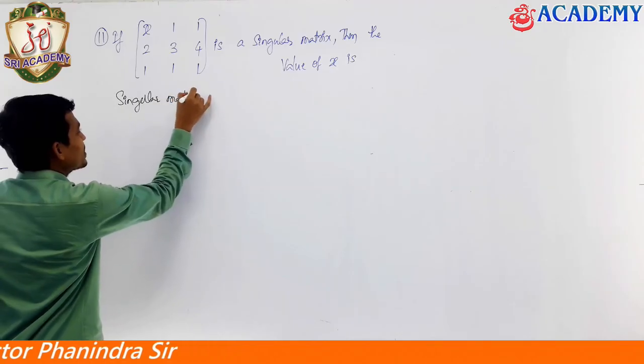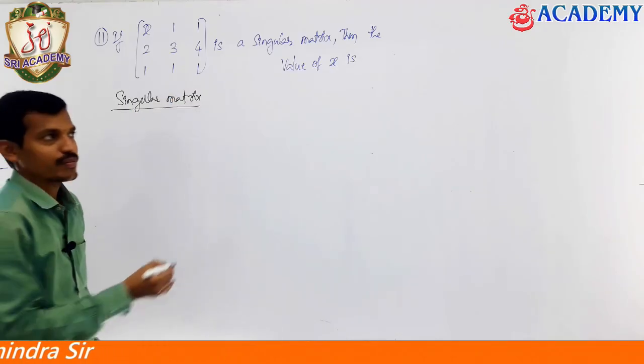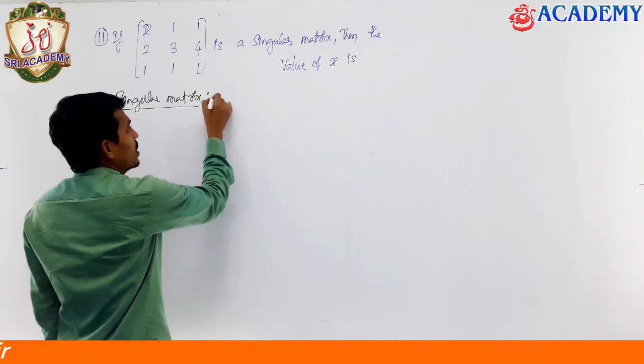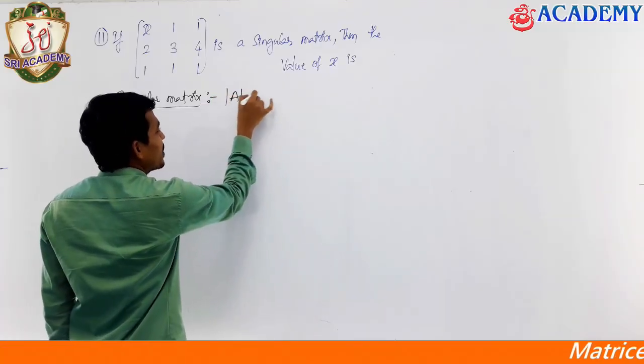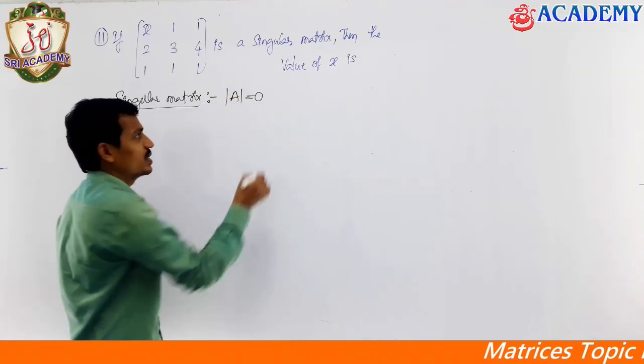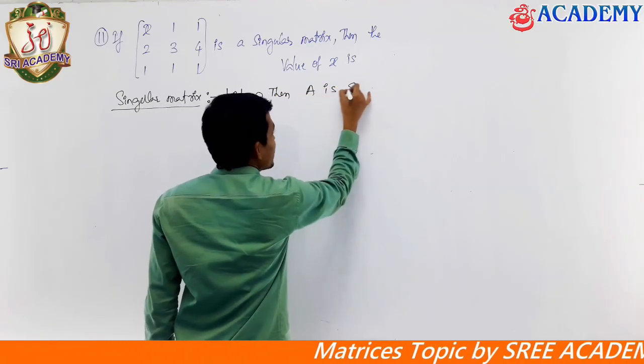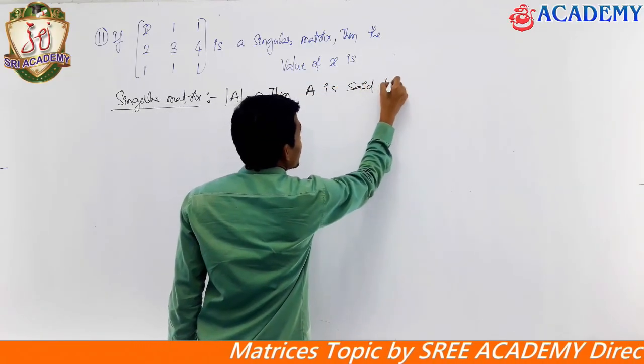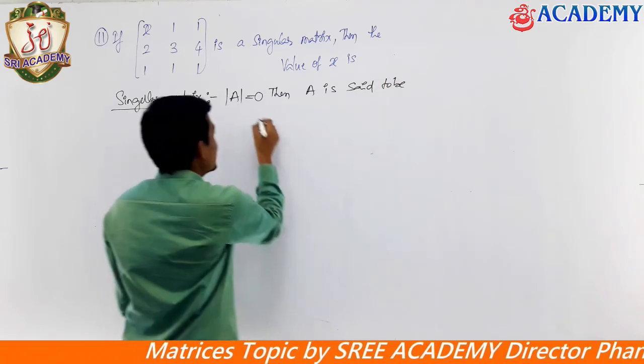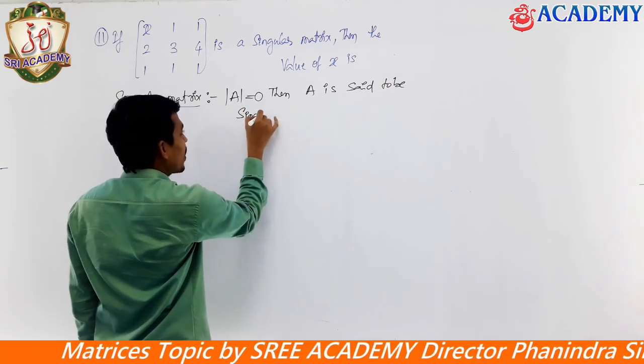Singular matrix is nothing but, if determinant of A equal to 0, then A is said to be a singular matrix.